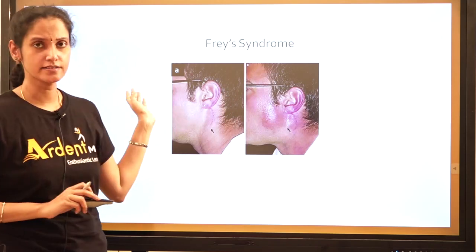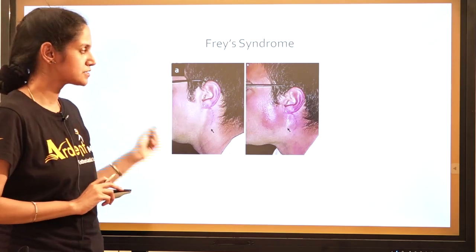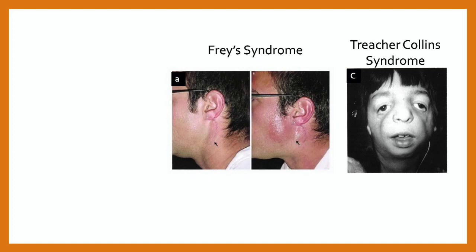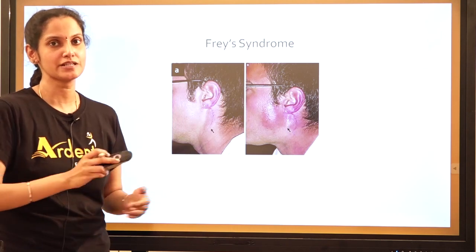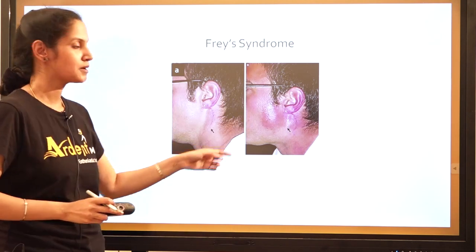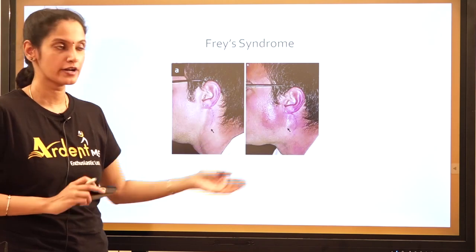So we have the other options also, right? In Frey syndrome, you find that the parasympathetic nerve fibers of the auriculotemporal nerve get re-innervated along the sympathetic fibers after a parotidectomy, a parotid surgery, or any injury.